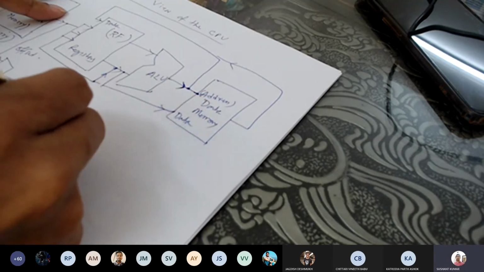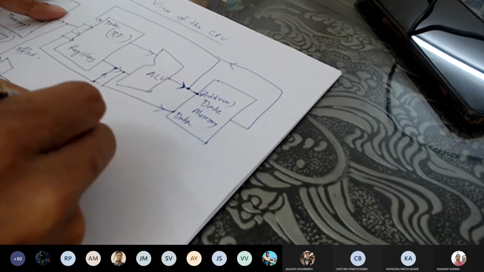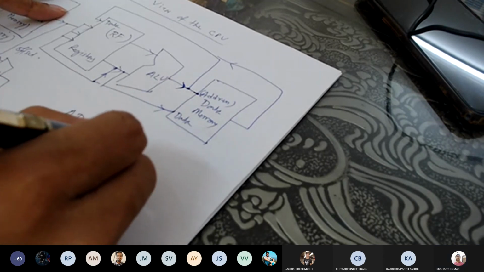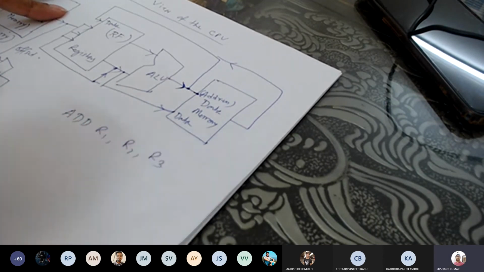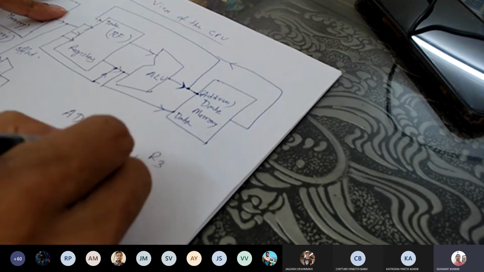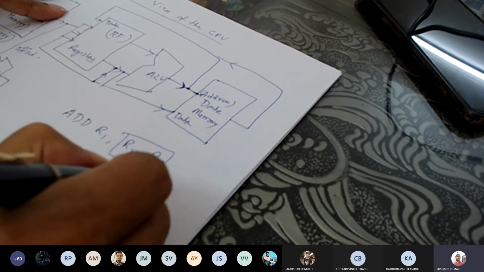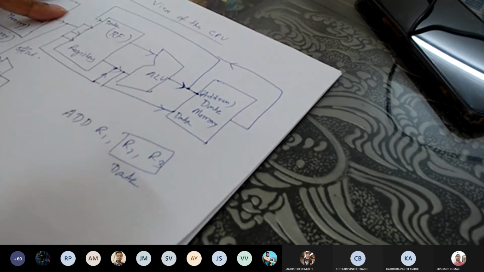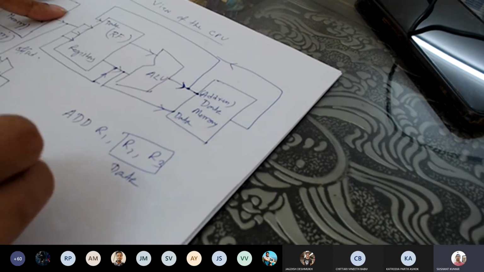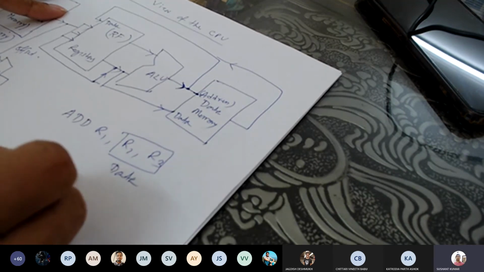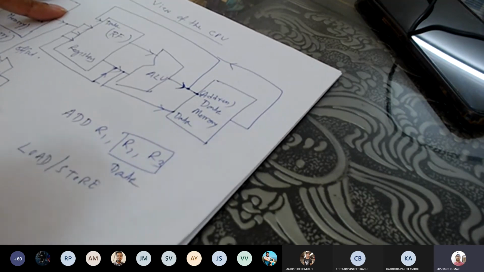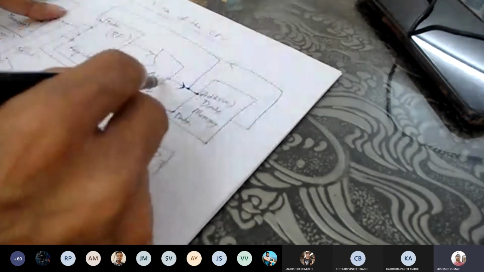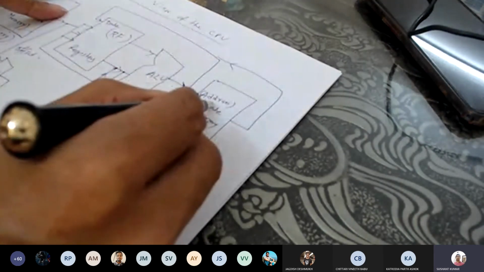Because when it is add R1, R2, R3, these two are added and this becomes data. But when it is load or store, the addition value is an address.